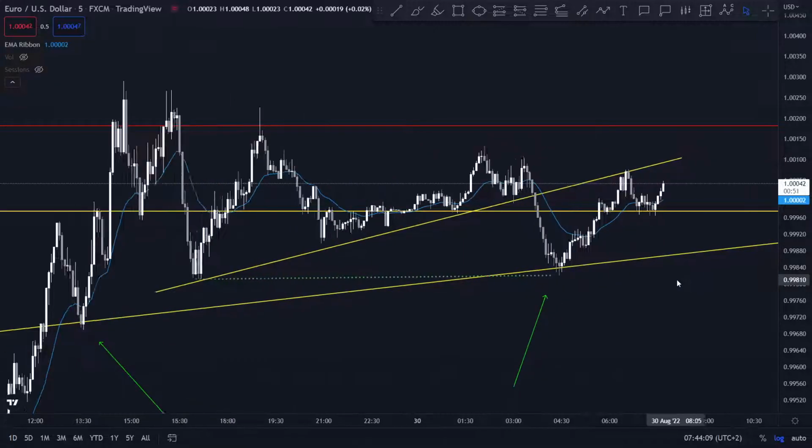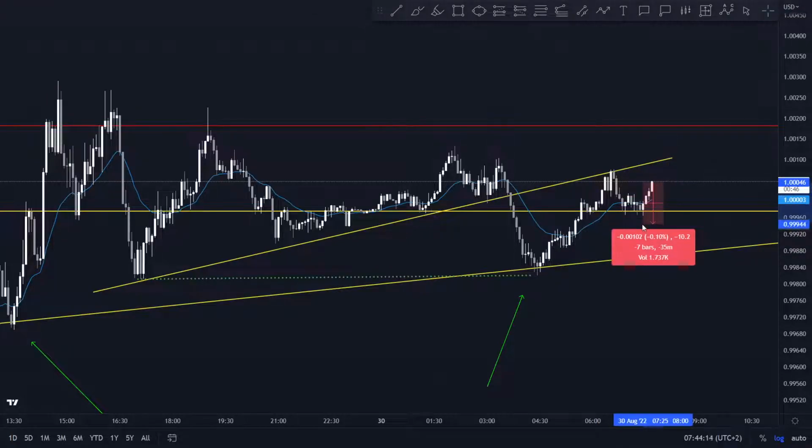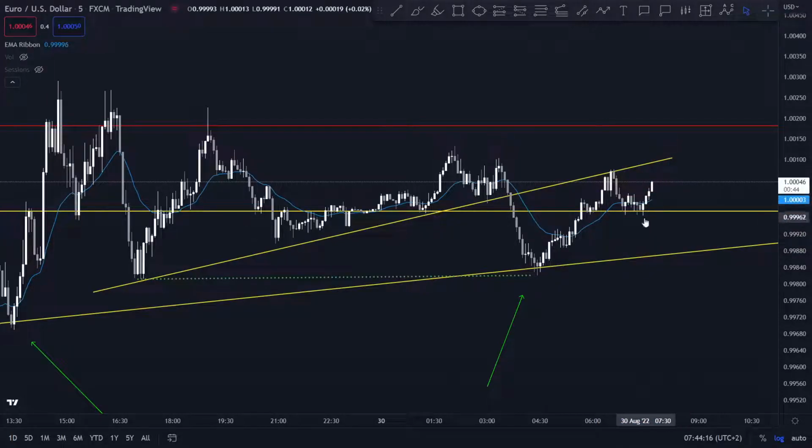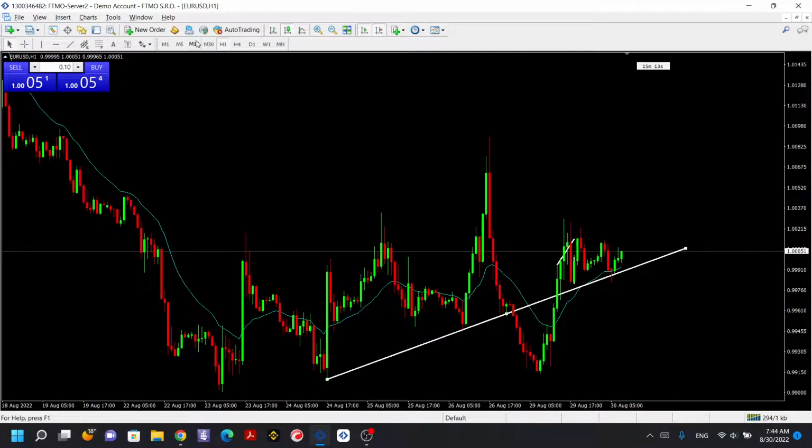I'm going to take a long position, but where would be my entry? I can take an entry here right now. It's above the moving average. Entry here, stop here. That is too far.